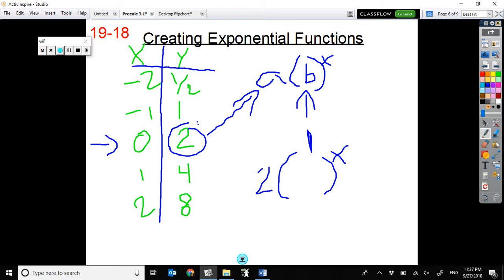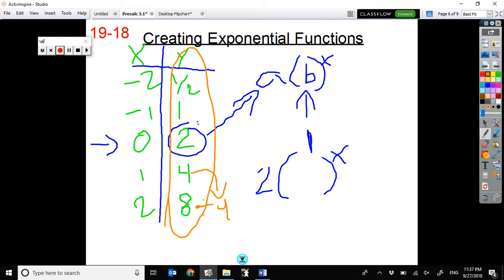Now exponential functions have a pattern to them, and I'm always multiplying. So I'm just going to pick any 2 consecutive numbers on my y side and divide them. So for instance, I'll take 8 divided by 4.